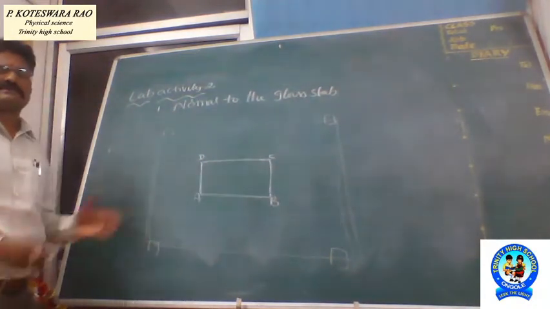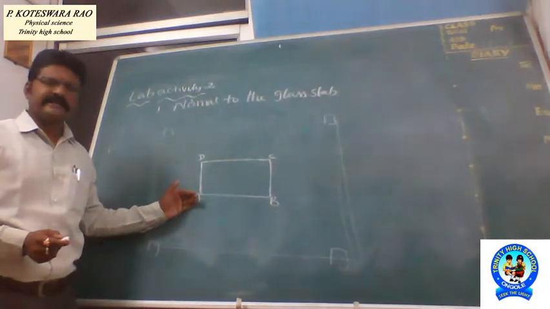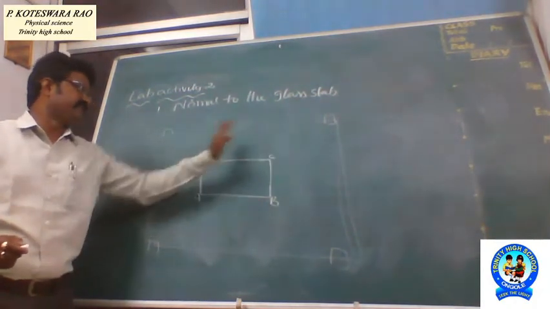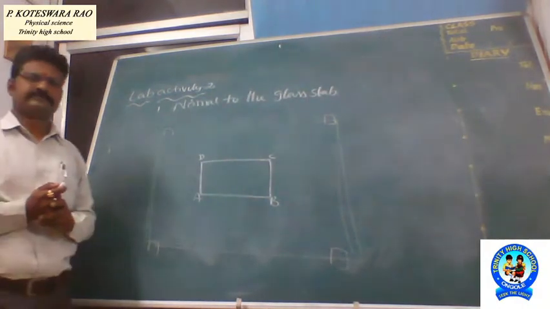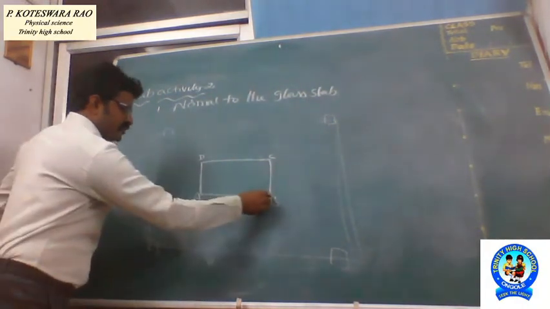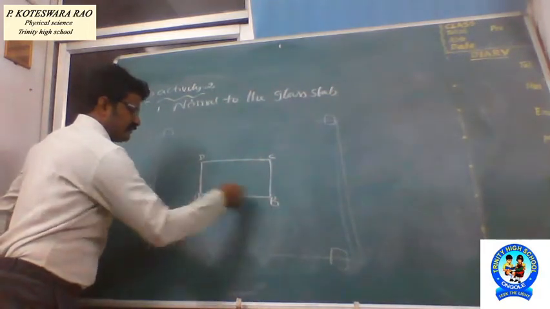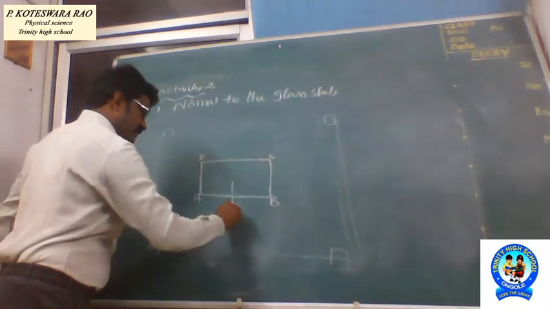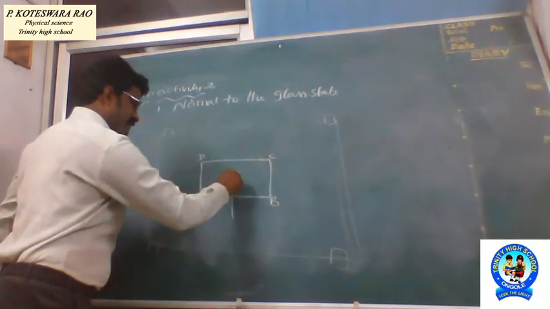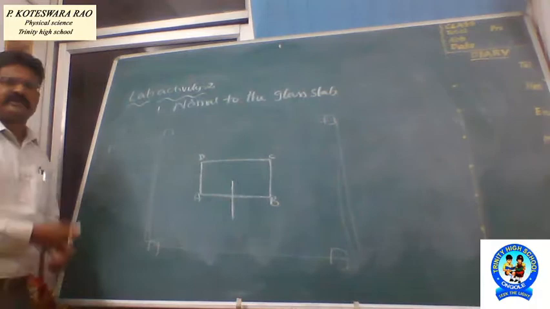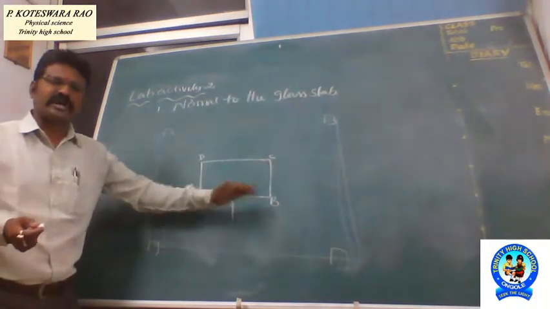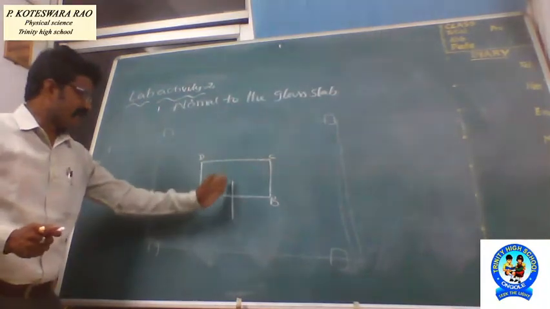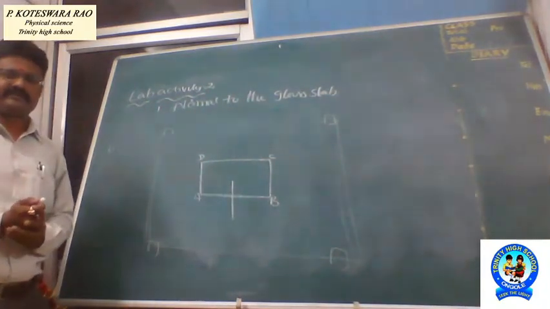Remove the glass slab and name the vertices of that glass slab A, B, C, D. Now take the line AB. With the help of the scale, we draw one perpendicular line to that AB. Perpendicular line or normal line to the AB.